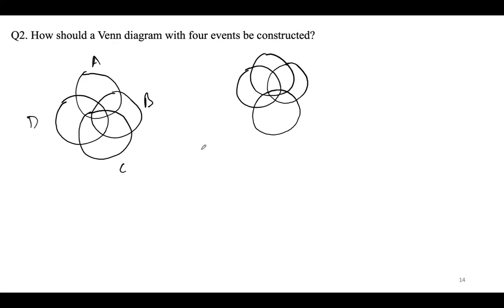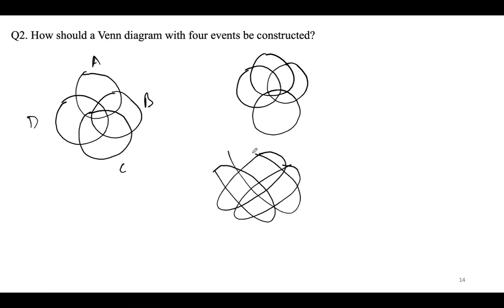Typically you would see 4-way Venn diagrams that look like this. This would encompass all the intersection sites. Think about it, the more events you have, the more possible options there are.